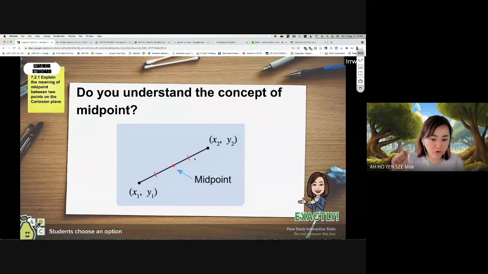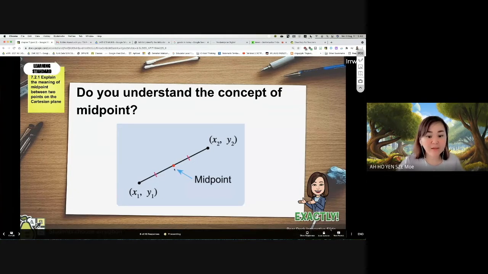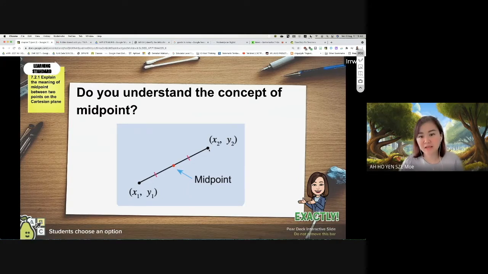The midpoint, we call it the midpoint between the 2 points, x1, y1 and x2, y2. Then the length from the midpoint to the starting point must be the same as from the midpoint to the ending point. Mesti sama, okay? Then only can we say that it is a midpoint. So you choose the options, okay?